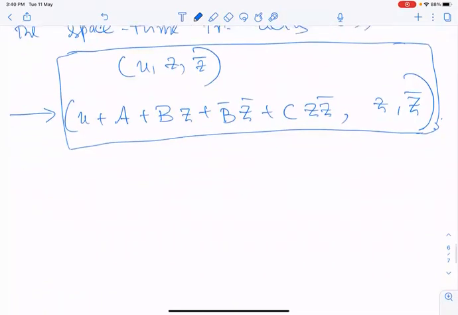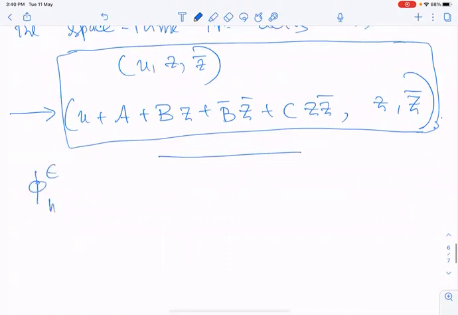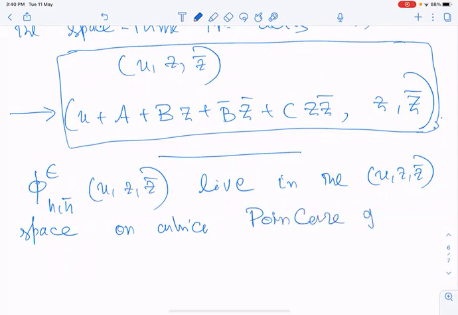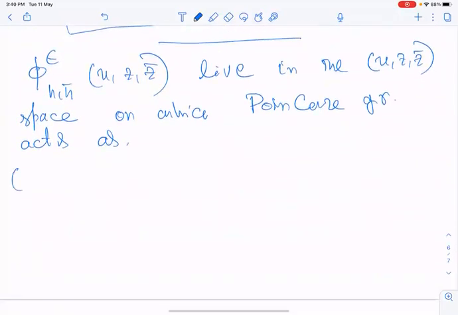Okay, so to sum up, we can see that these three-dimensional fields live in the u z z bar space on which the Poincare group acts as follows.